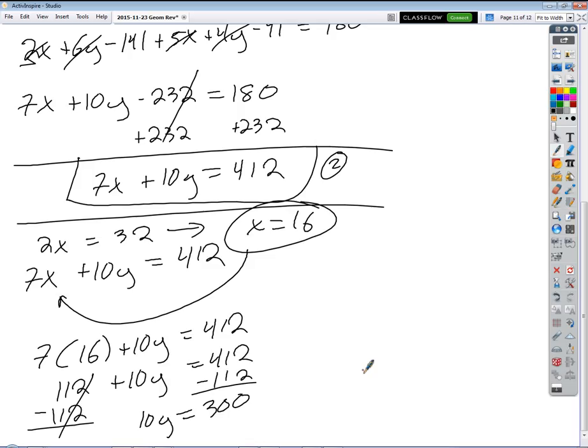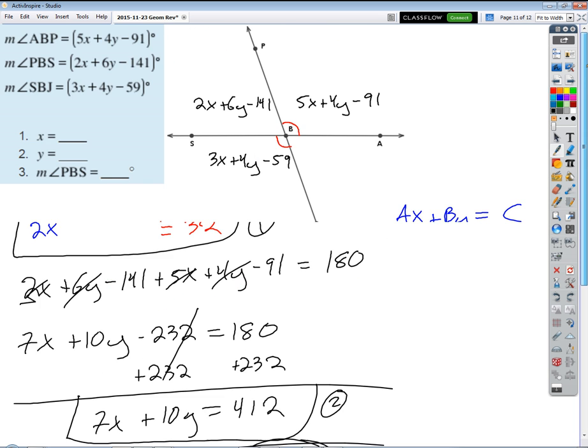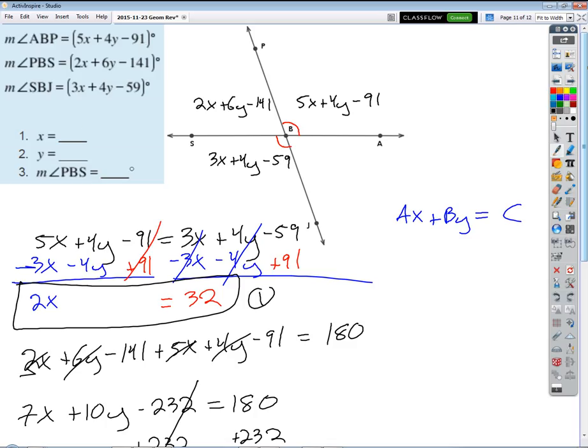Divide both sides by 10. What's our trick? If I divide a number by 10, what am I really just doing? Yeah, just taking off a 0, right? So I can just do that. And I get 1 times y equals 30. So x equals 16, y equals 30. What do I have to do to get my answer? Plug them in. Just go right up here and, well, there's two of my answers.